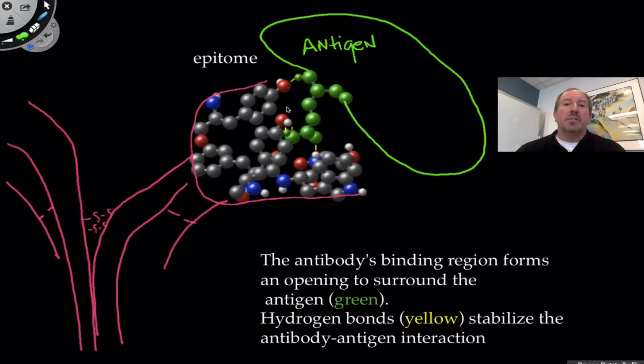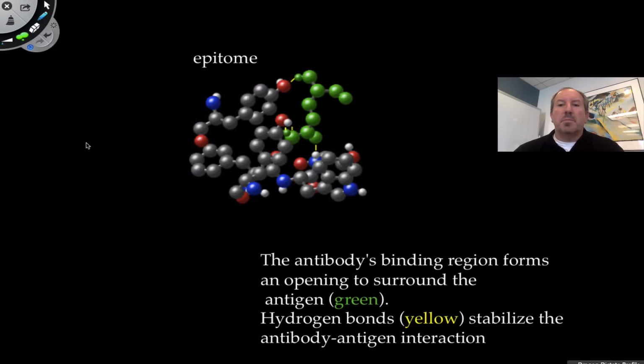It could neutralize it, or it could make it a little bit easier for phagocytosis to occur. You could attach to the epitope, and therefore, if this is a virus, make it unable to attach and insert itself into one of our cells. And so this is all a good thing.